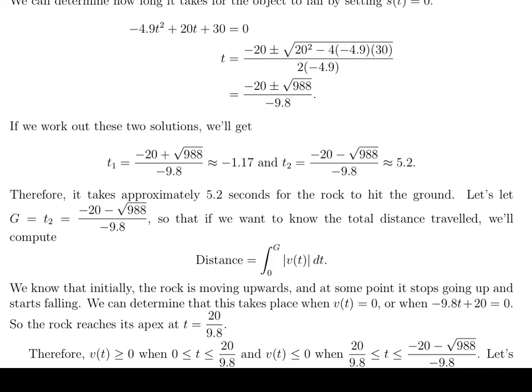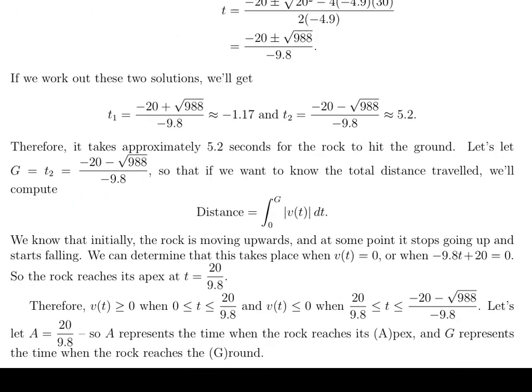So the velocity is positive when t is between 0 and 20 over 9.8, and then the velocity is negative after that, at least until it hits the ground, and we had determined that it hits the ground at this time here, negative 20 minus root 988 over negative 9.8.